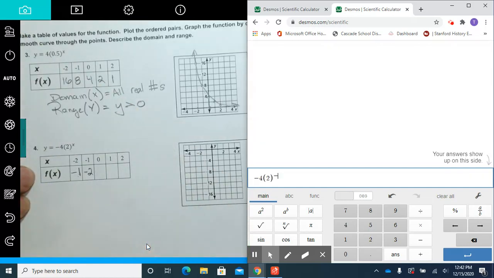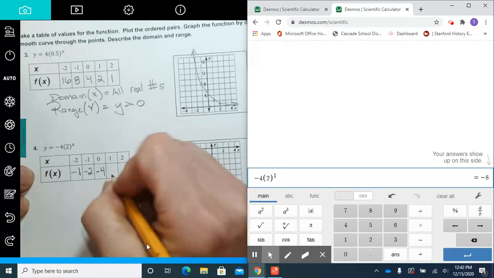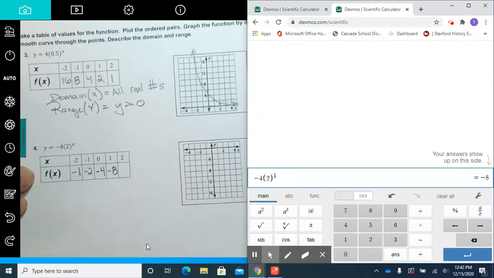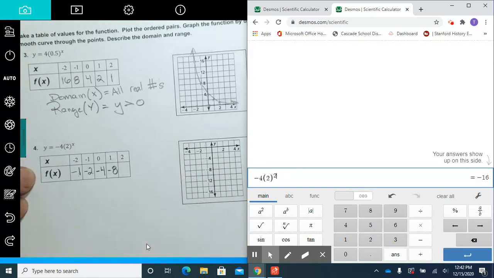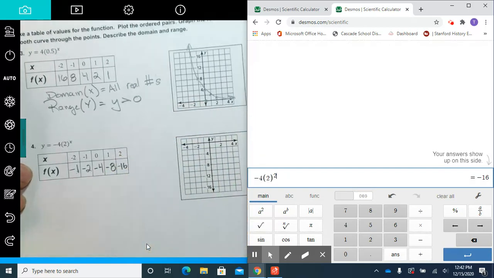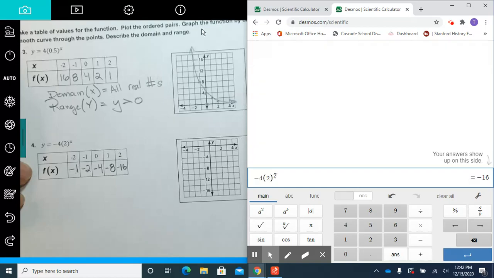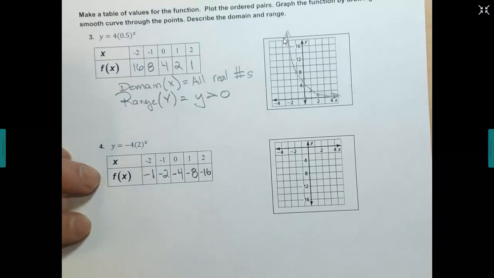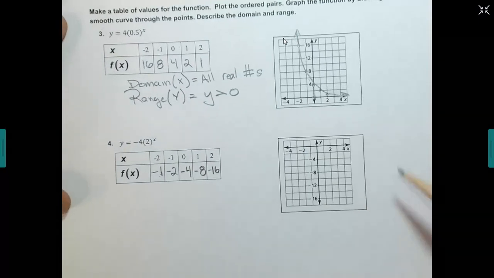A 0 gives me negative 4. A 1 gives me negative 8. And a 2 gives me negative 16. Is it okay to use the scientific calculator for these? Of course. It's what we've been using for our homework.